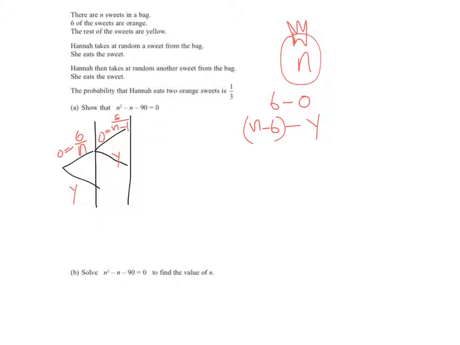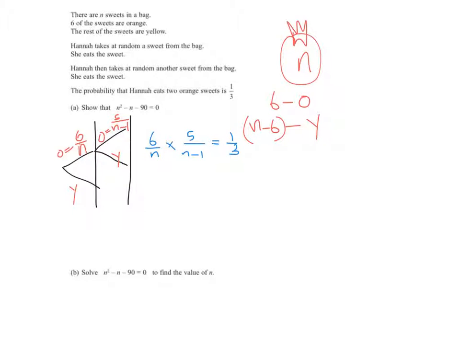And now they're saying the probability that Hannah eats 2 orange sweets is 1/3, and you have to show that. So basically 2 orange sweets means an orange and another orange, which means you need to multiply. So this is her first orange, 6 out of n. And another orange, and means you multiply 5 out of n minus 1, and they've already told us in the question that the probability is going to be 1/3.